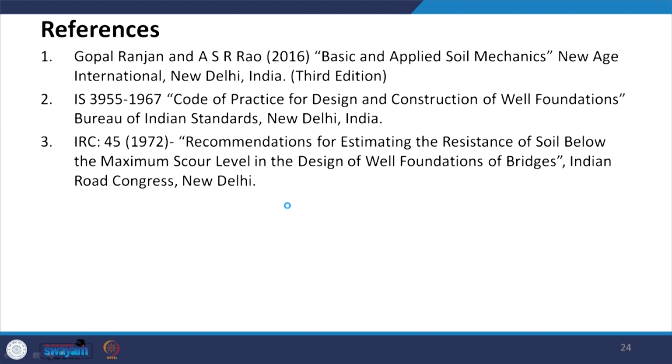So, this was the IRC elastic method. In this lecture and the last lecture, the references are as follows. A lot of things are given in the book by Professor Ranjan and Rao. Then there is the IS code of practice on the design and construction of well foundations, that is IS 3955 1967, which is also referred to.